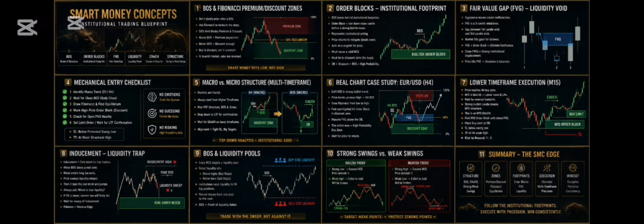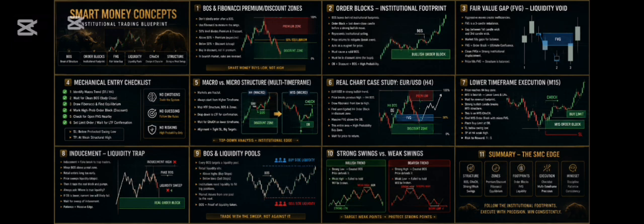To retail traders, it looks like EUR/USD is crashing into a bearish trend, but to institutions it is a highly anticipated discount market retracement.